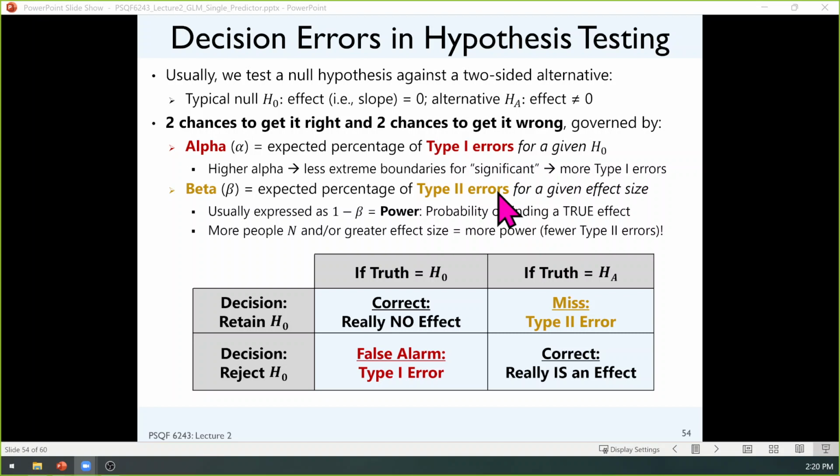It's actually 0.2. The conventional level of acceptable type 2 error rate is 0.2 because that translates into power of 0.8. So type 2 errors are more permissible under traditional standards than type 1 errors. For better or worse, that's the way the convention is set up.